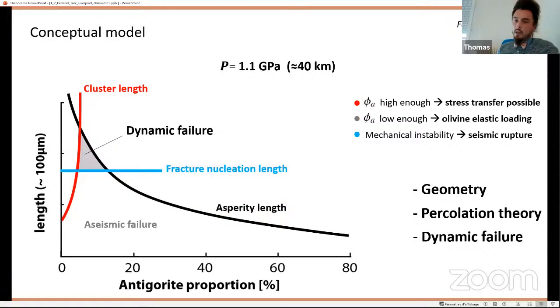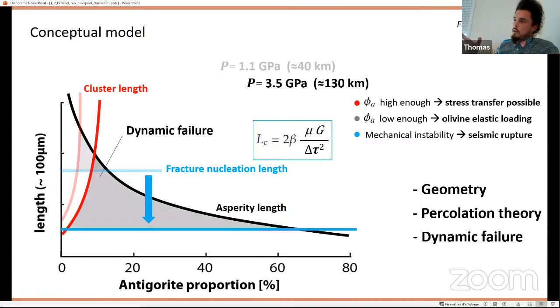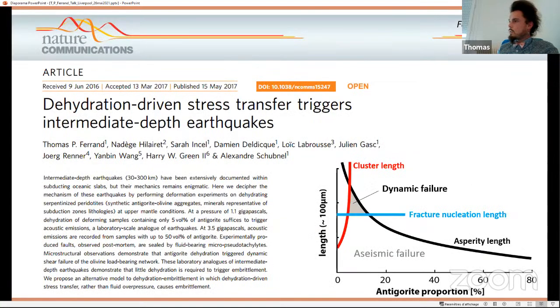So this is the dynamic failure window. And if this is the situation at 1.1 GPa, then at 3.5 GPa, when you increase the pressure, of course, you decrease the fracture nucleation length, because when you increase the pressure, you increase the potential shear stress that can be applied in the material. So this is the first-order phenomenological model that I proposed in 2017 in Nature Communications.